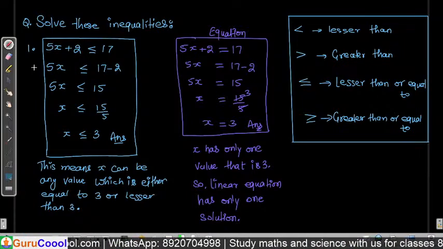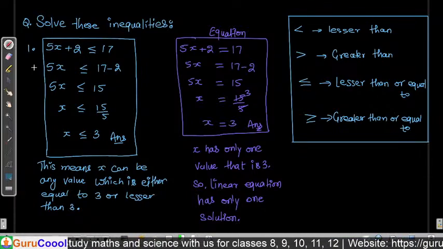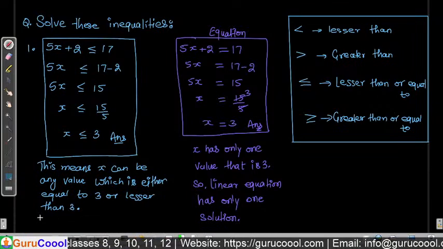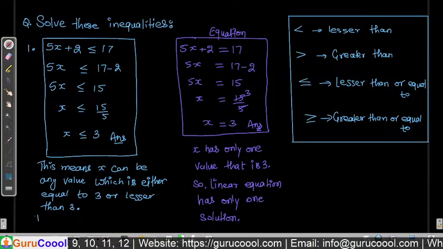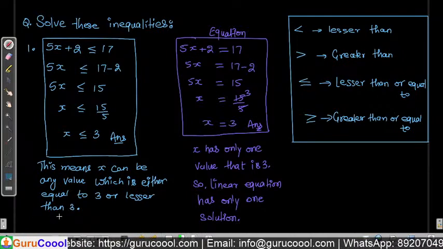So minus 1 is also possible. Minus 2, minus 1.5. How many solutions are there? Yes. And this is the difference. Notice, this is the difference.